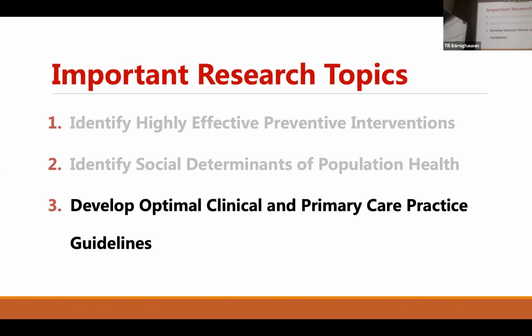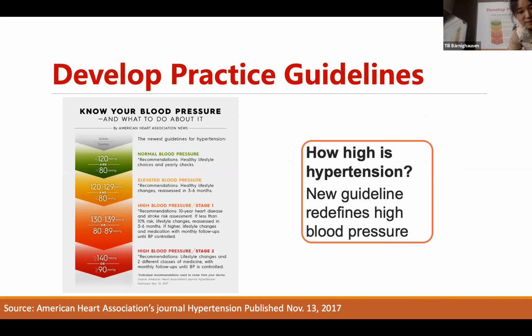And the third one is to develop optimal clinical and primary care practice guidelines. As evidence-based medicine focuses on developing clinical guidelines to guide doctors, I think there should also be primary care practice guidelines, with optimal design of those guidelines.